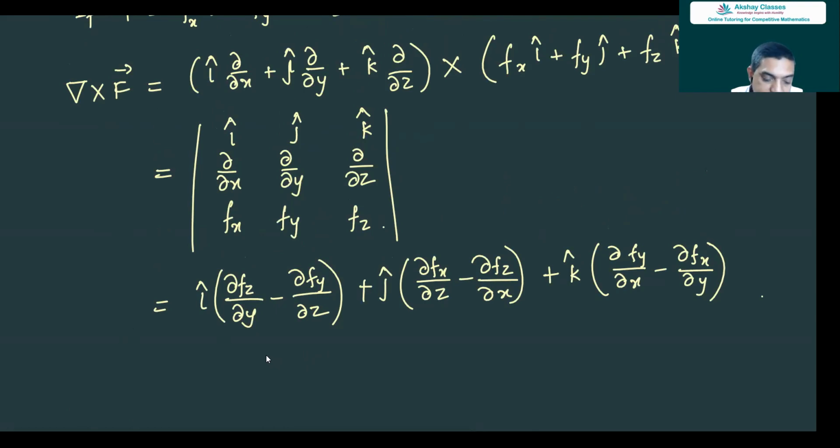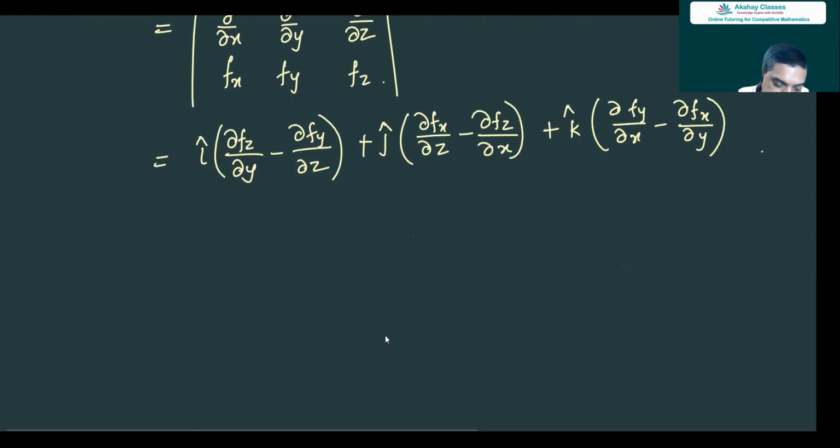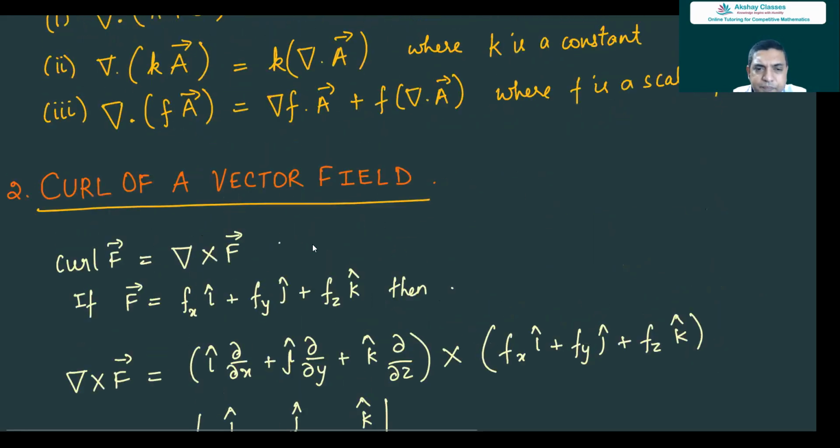Now, curl of a vector field is also a vector. Curl of a vector field is also a vector, that is to be understood. And now let us understand the interpretation. What does this mean?